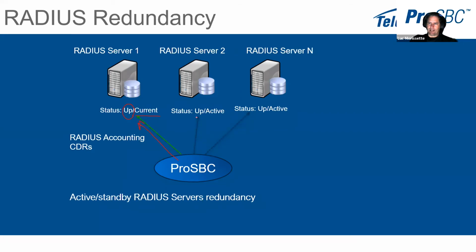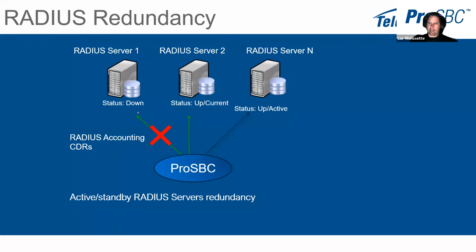And the secondary one will be up and active, meaning it's ready to receive traffic. In this case, we have a third one also that is ready here. Then if the first RADIUS server goes down, we try to send some request, there's no answer. We try to send some polling, there's no answer.